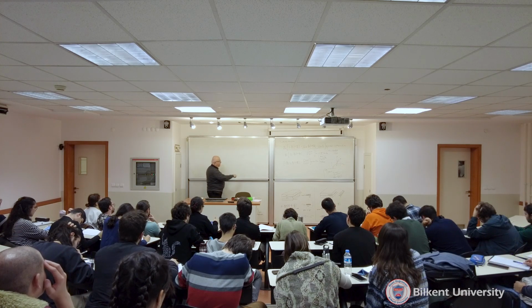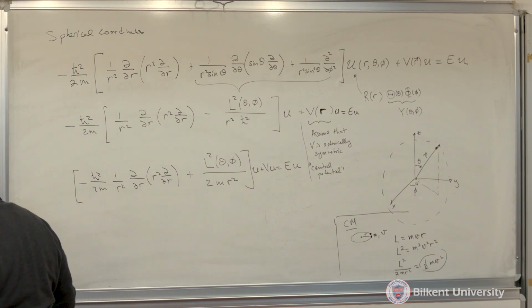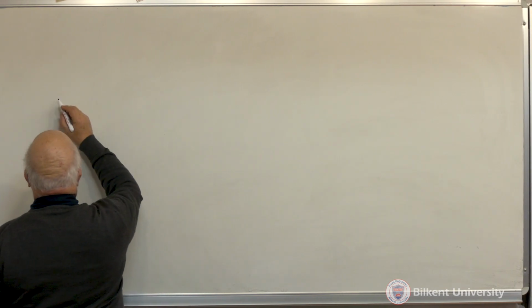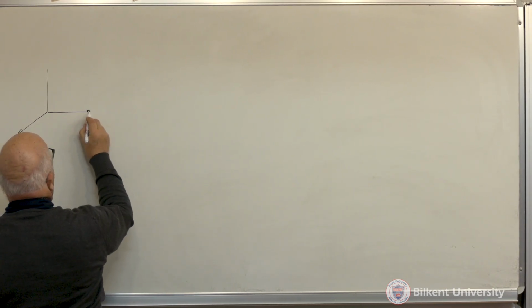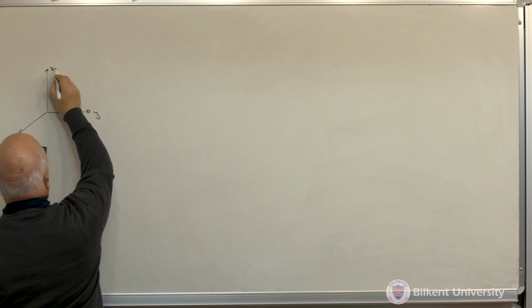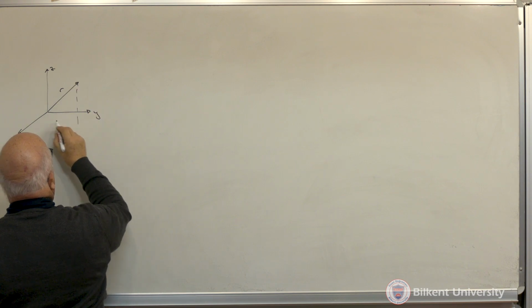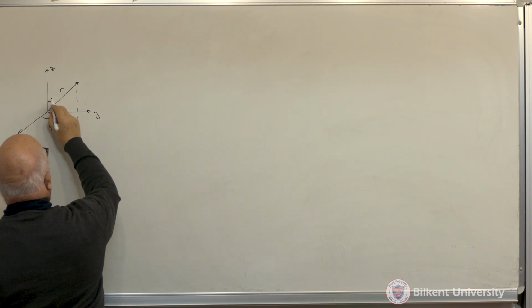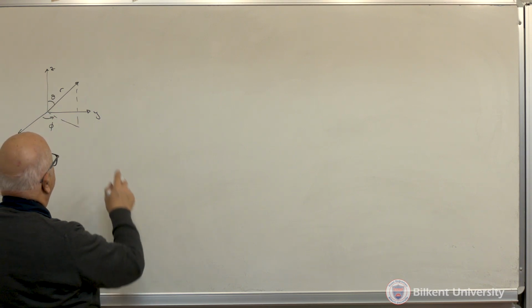I have these definitions of the spherical coordinate variables, so I'll just redraw this figure here. I have x, y, and z, and that's my vector r. That's the angle phi, called the azimuthal angle, and theta is the polar angle.